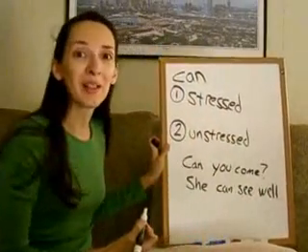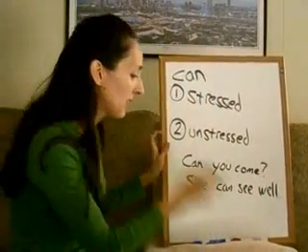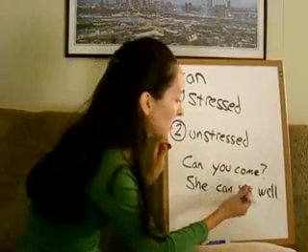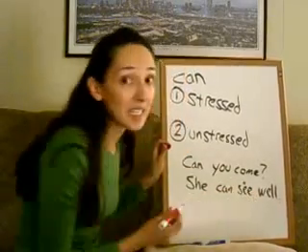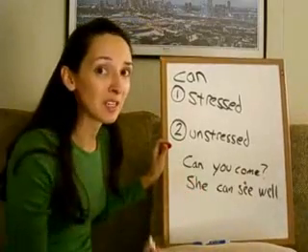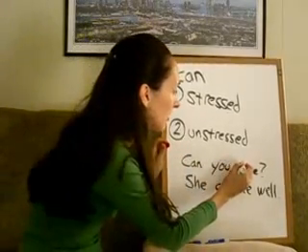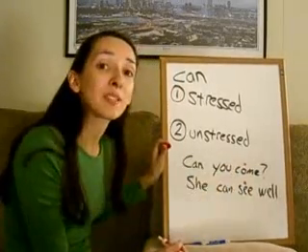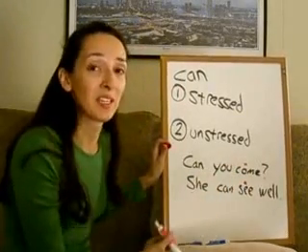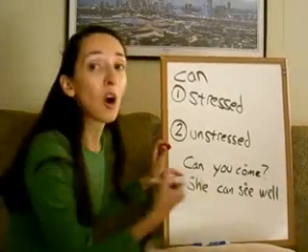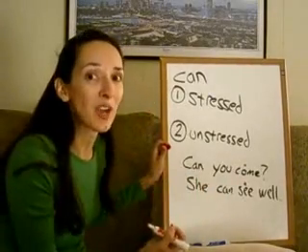She can see well. So in this sentence, can is not stressed. See is the main verb, and that receives the stress. And in that first question, again, the main verb is come, so come receives the main stress. These verbs, then, are shorter because they're unstressed.